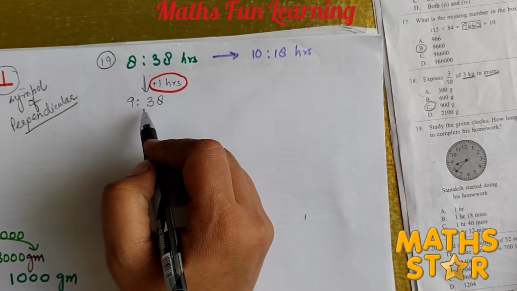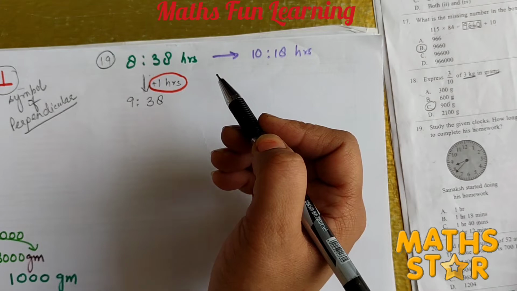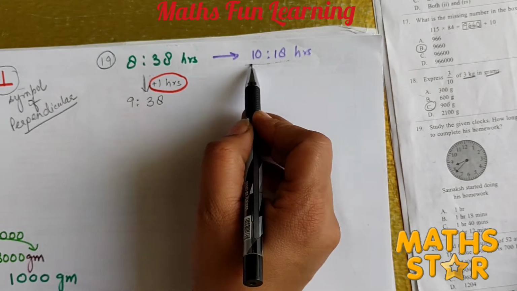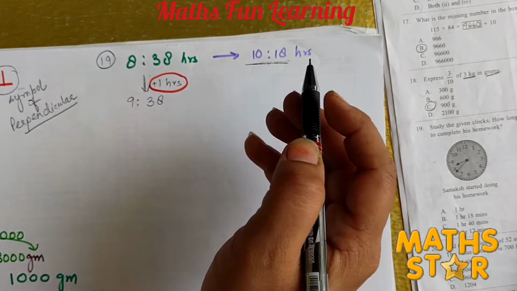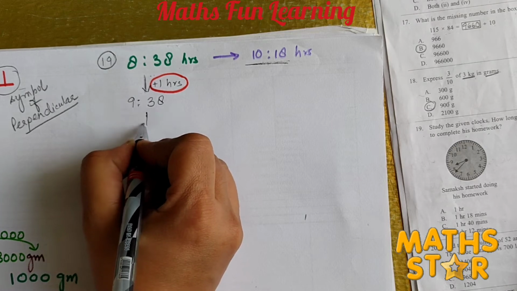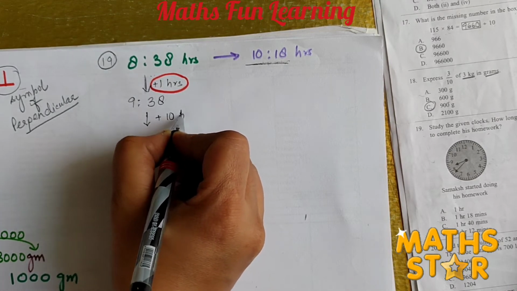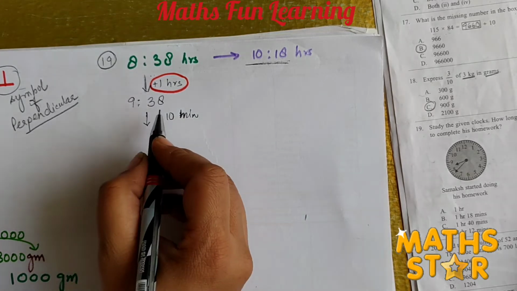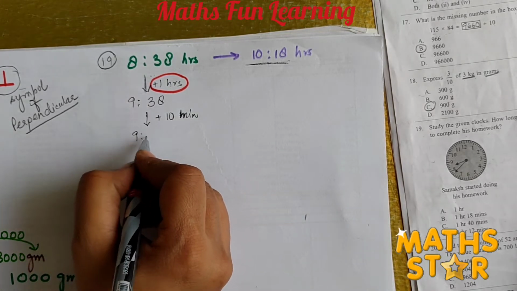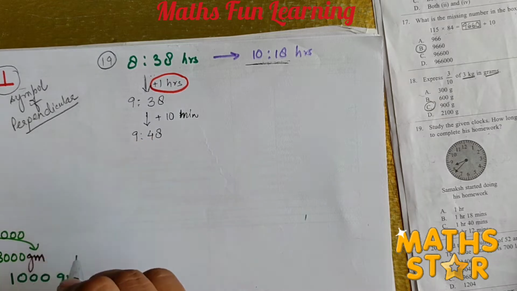Now, if you added another hour, it would be 10:38, but the end time is less than 10:38. So what we can do is add only 10 minutes. If you add 10 minutes, it's 9:48.